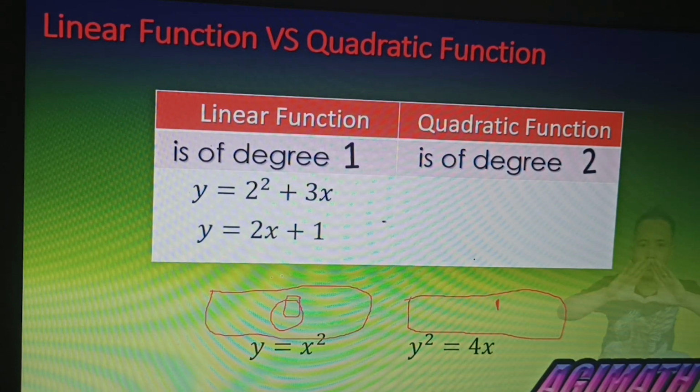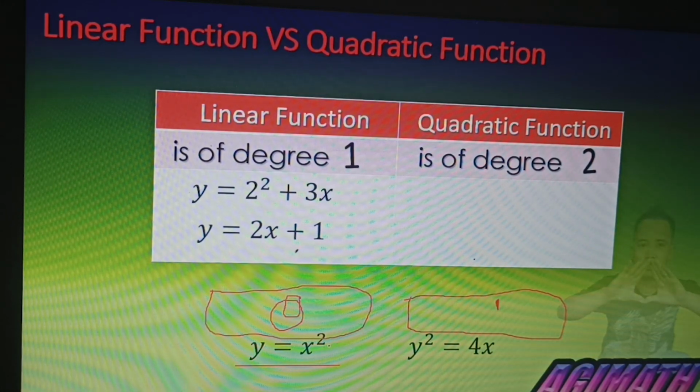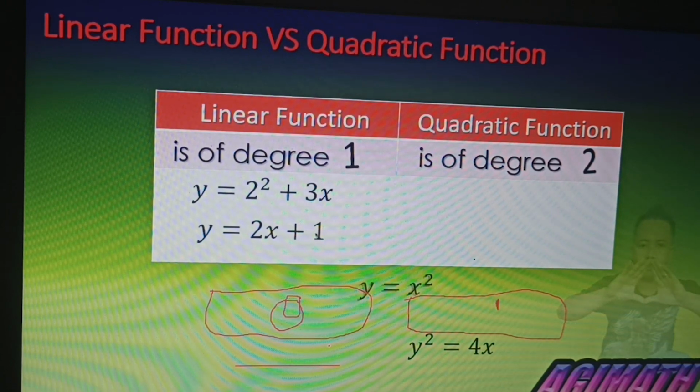Next, we have y equals x squared. This one is also simple because we only have x squared, and it's very clear that the exponent of x is 2. And that's the highest exponent, meaning y equals x squared is a quadratic function.